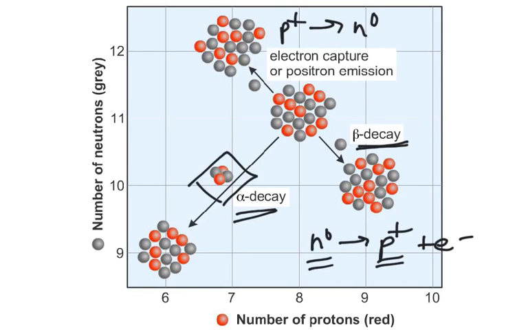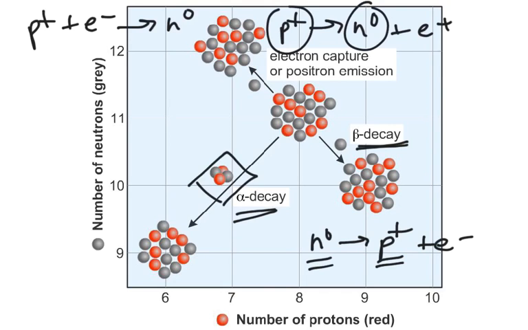Either a proton changes into a neutron and gives off an antimatter electron, that's positron emission, or a proton gets an electron by electron capture, and then it turns into a neutron. Either way, a proton changes into a neutron. So a proton changes into a neutron, a neutron changes into a proton, or a particle is given off.